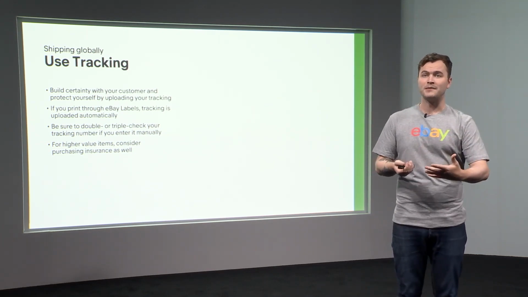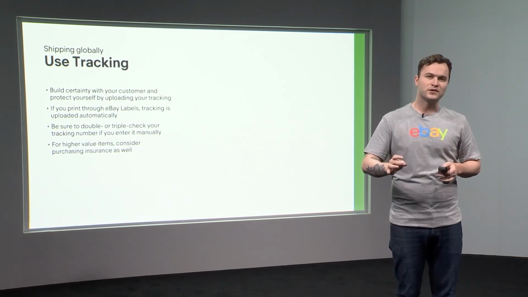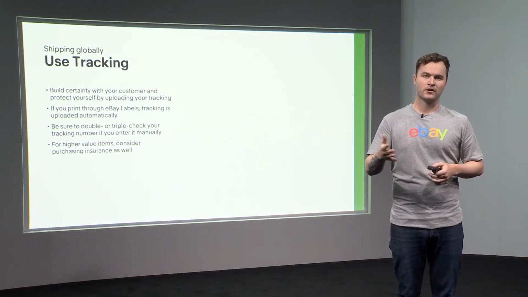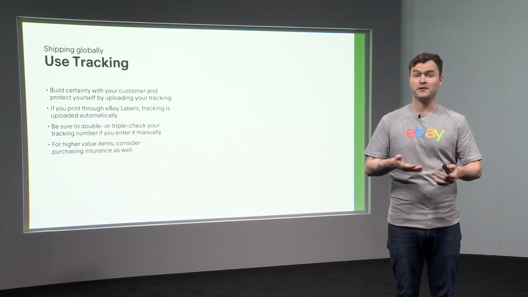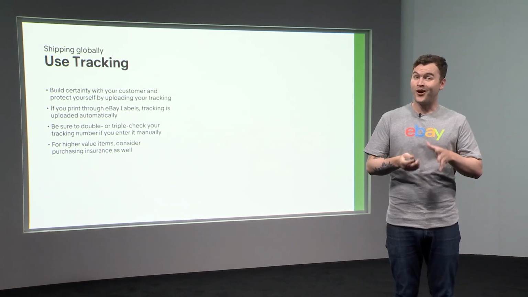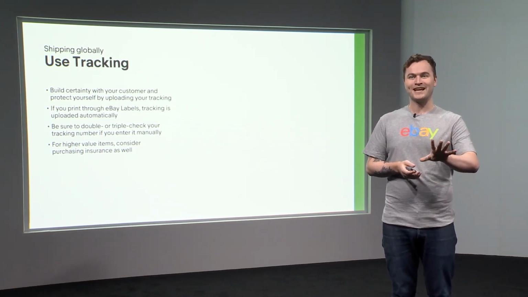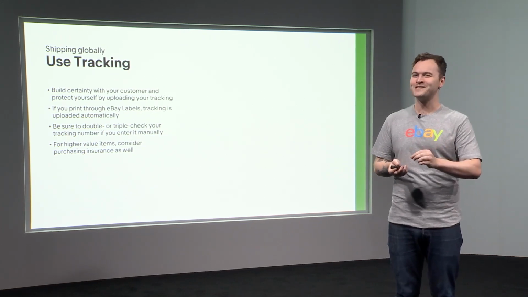There will be times, if you're not using eBay Labels, where you might want to manually upload the tracking number for the sold item, maybe from the eBay app or from the desktop. Now, those are long numbers, and we want to make sure that you're double checking or triple checking your tracking number if you choose to enter it manually.